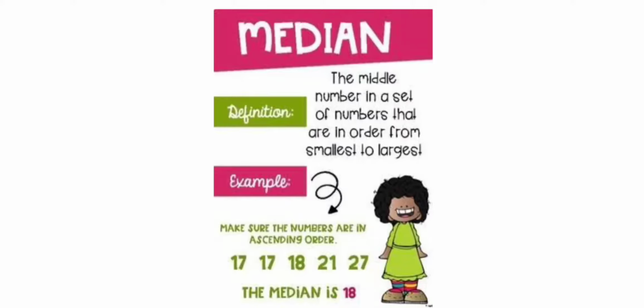When you arrange these numbers, 18 is in the middle, so the median of this data is 18. Remember that the median is the middle number of the data when you arrange the numbers.